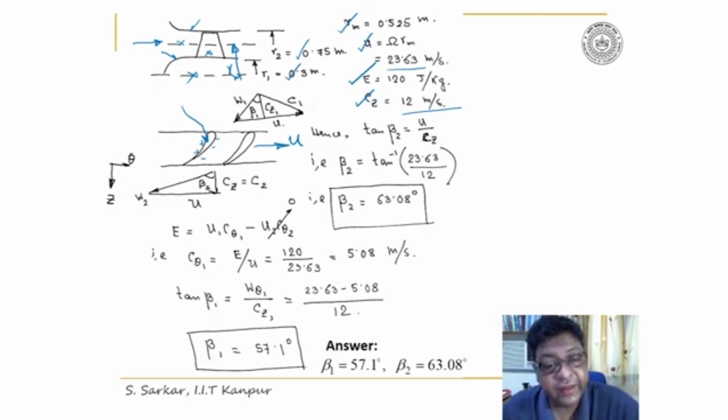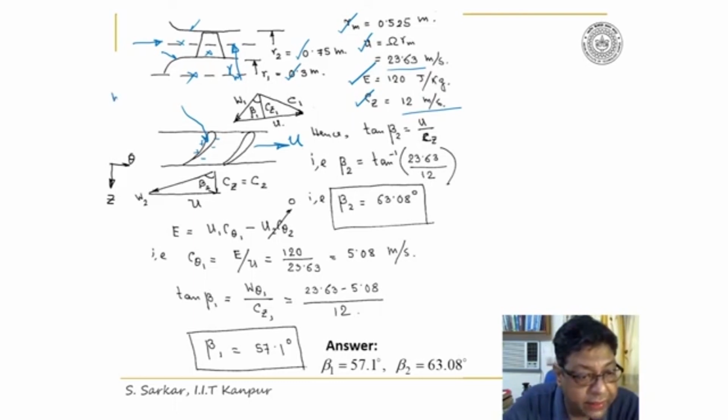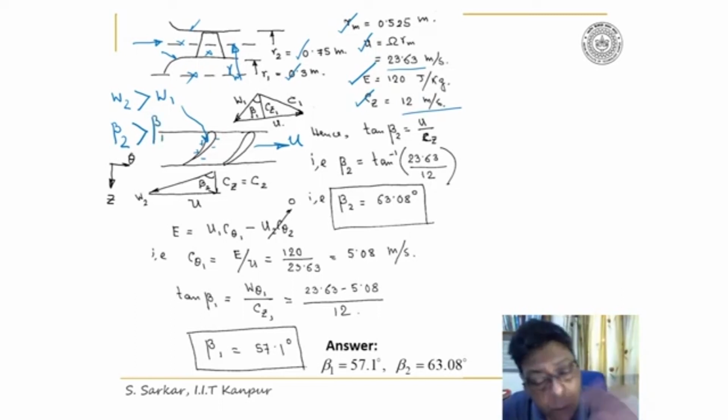So the energy will be extracted here from the passing fluid, and thereby the flow will be accelerated, relative velocity will be accelerated here, W2 will be greater than W1, and thus beta 2, the relative flow angle, will be greater than beta 1, opposite to that of the compression.